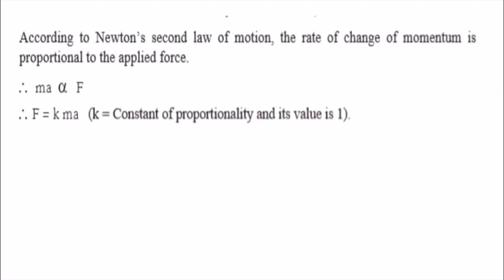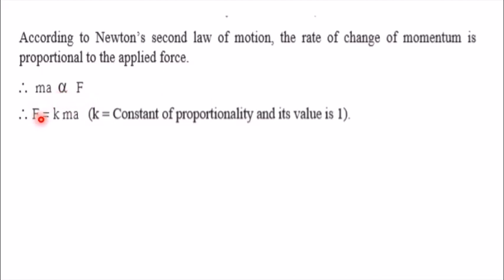Now we know that rate of change of momentum is equal to mass into acceleration. But according to Newton's second law of motion, the rate of change of momentum is proportional to the applied force. The rate of change of momentum is mass into acceleration, so mass into acceleration is proportional to force.